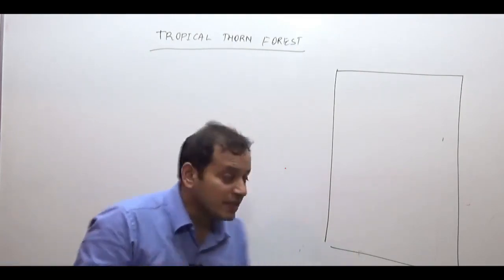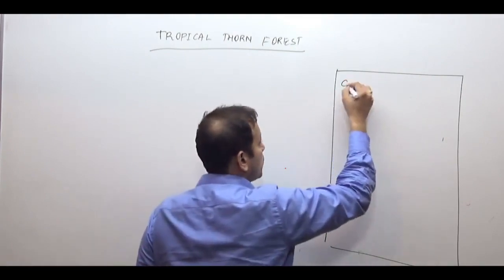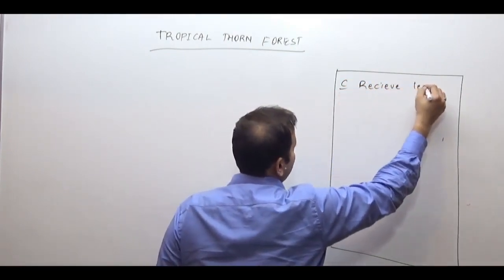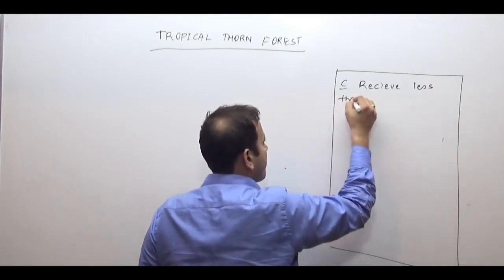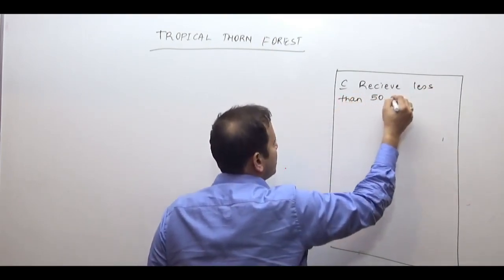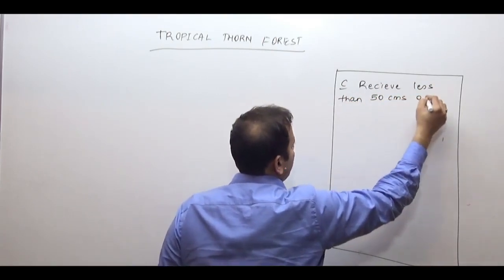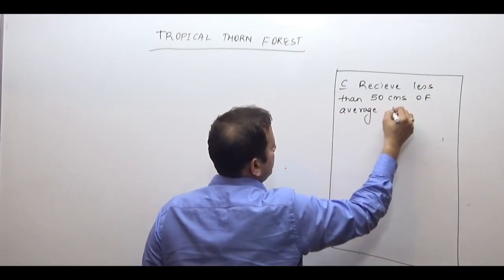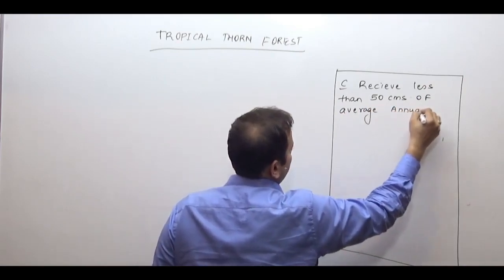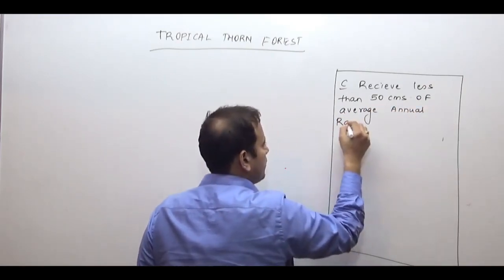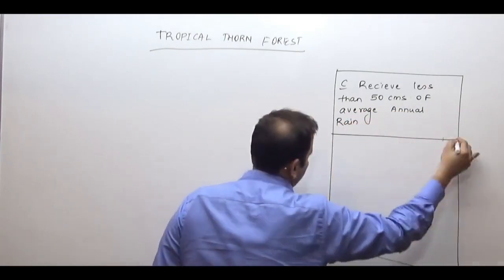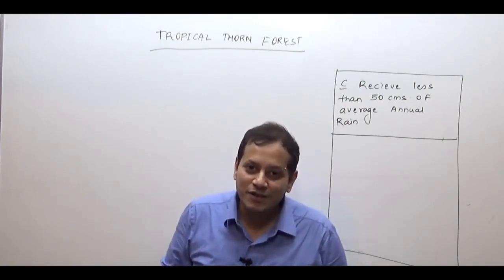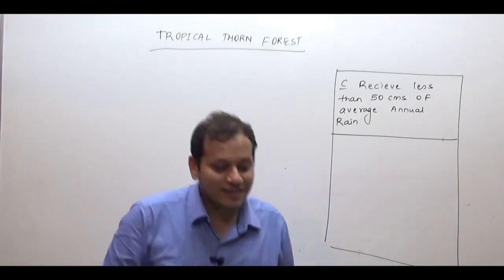These are found in the areas which receive less than 50 centimeters of average annual rainfall.